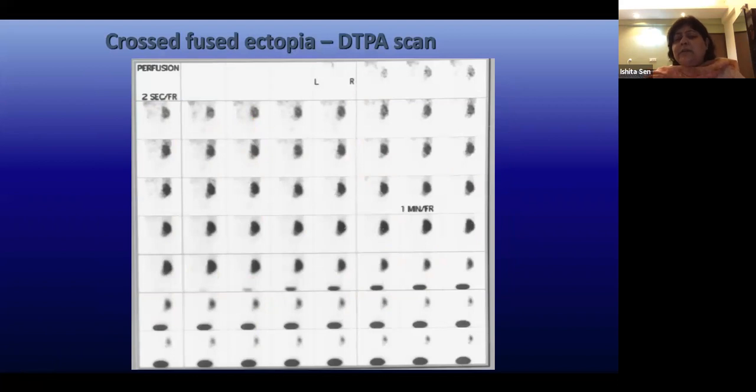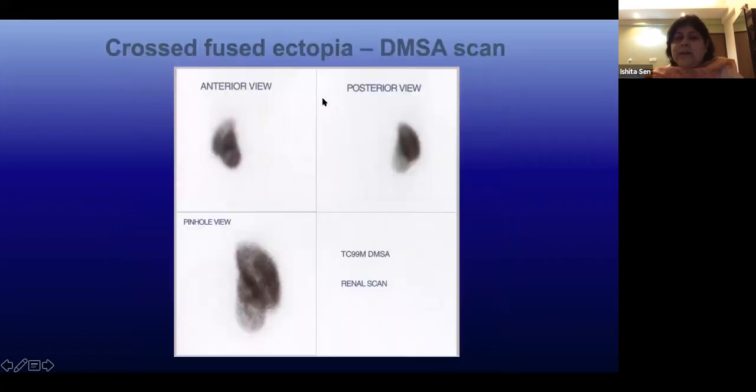Cross-fused ectopia, where whenever you see an empty fossa, you must look for the kidney either on the contralateral side or sitting in the pelvis. Here, this was a patient with a cross-fused ectopia, and while it cannot be appreciated very well here, in a DMSA scan you can see these are the two kidneys.